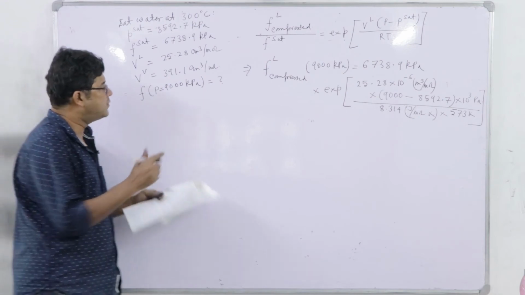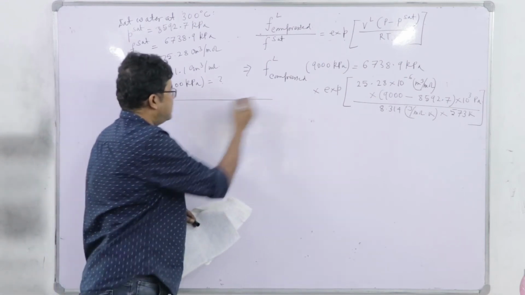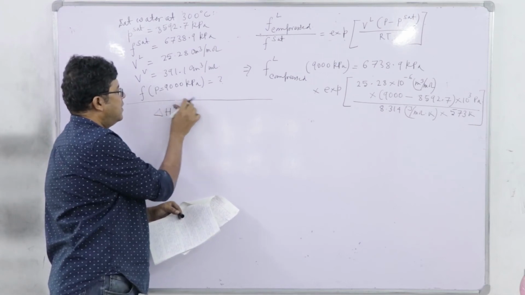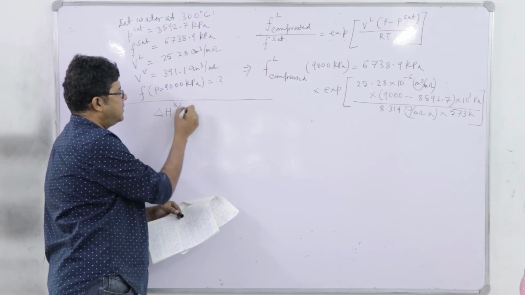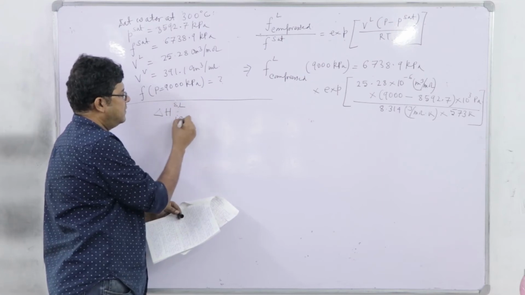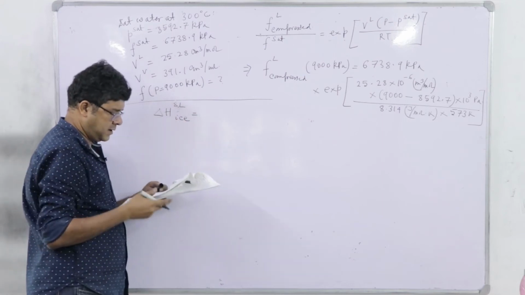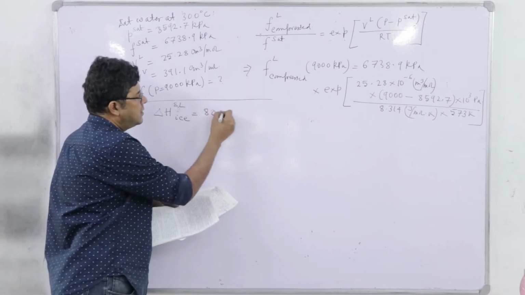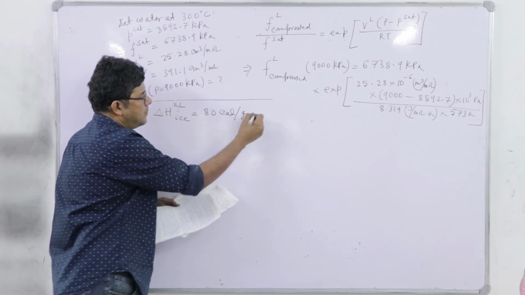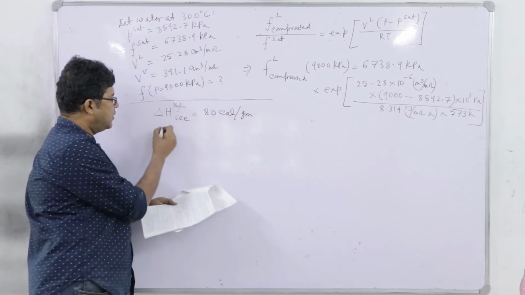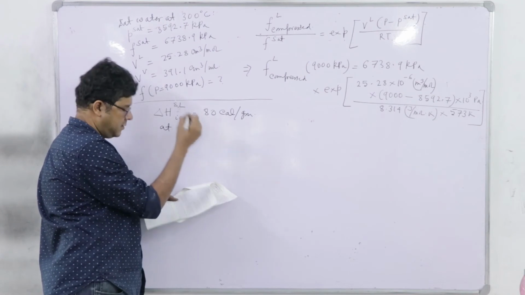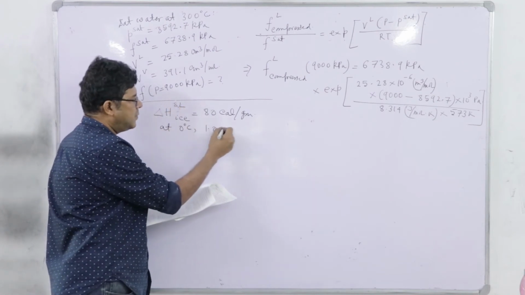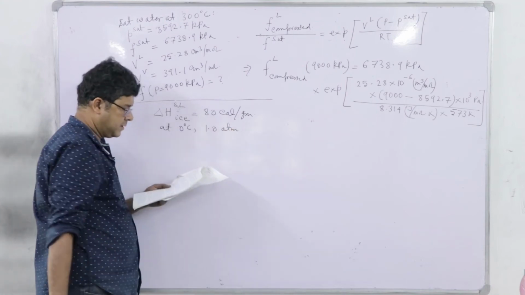The heat of fusion of ice, delta H fusion we will write SL of ice. Heat of fusion for ice is 80 calorie per gram, that we all know, at 0 degree Celsius, 1 atmospheric pressure, right.